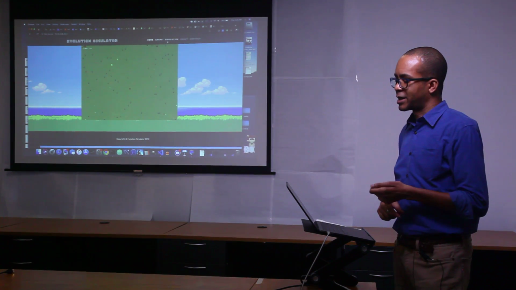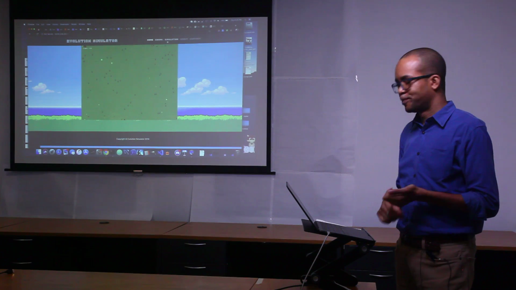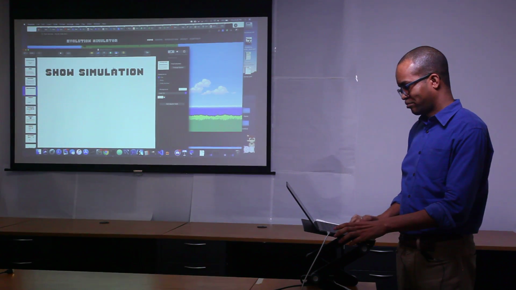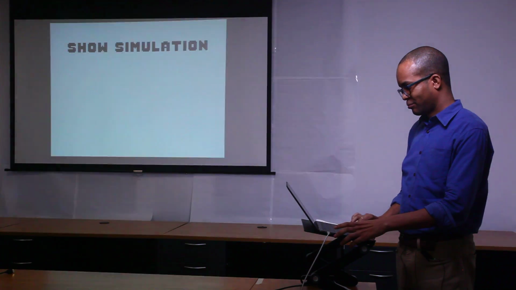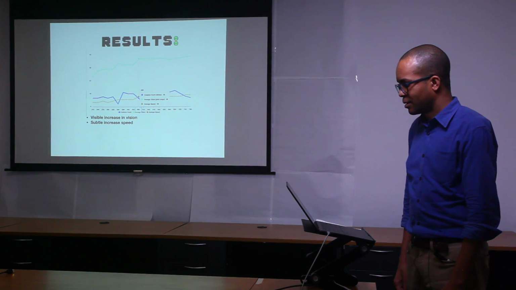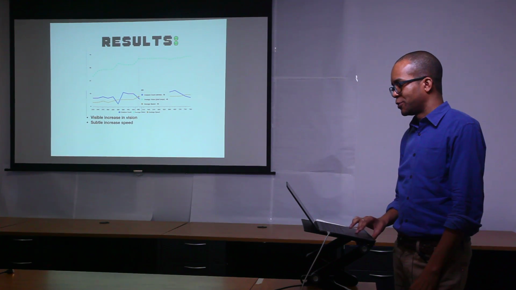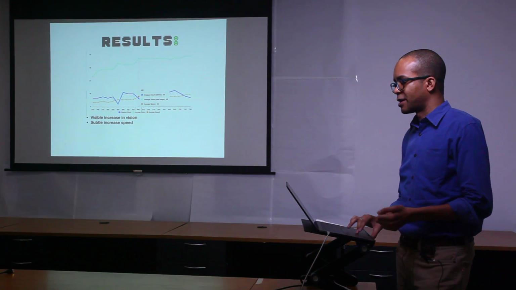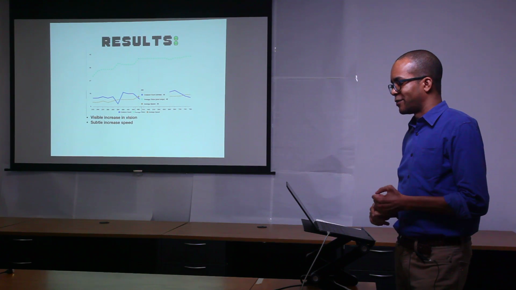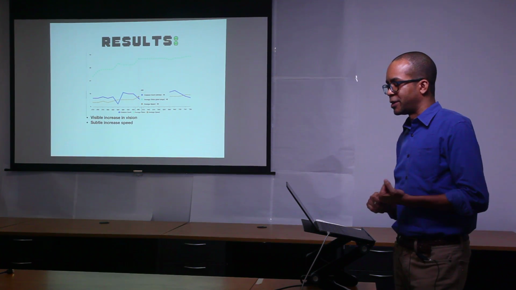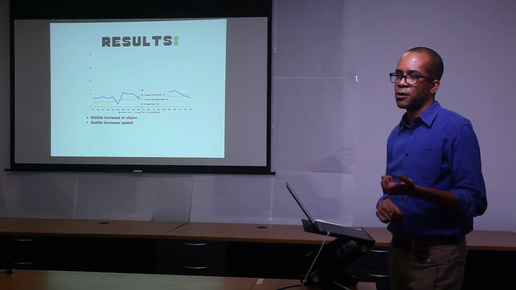So in that case, higher speed isn't always good. So the results: if you run the simulation long enough, you'll notice a visible increase in vision over time. And you'll notice a subtle increase in speed, primarily because of the things I mentioned before.